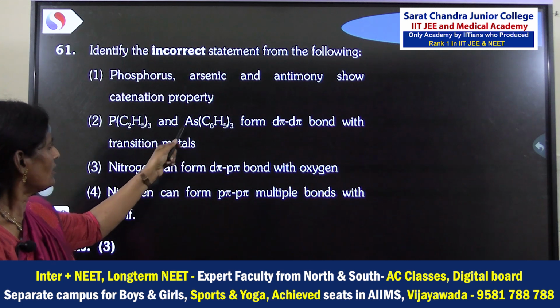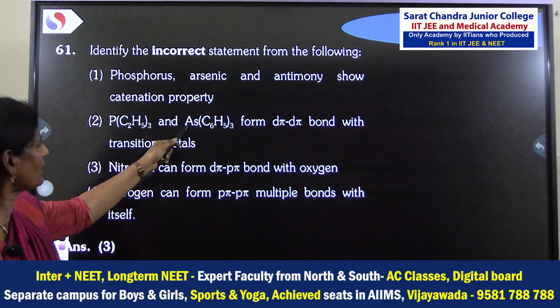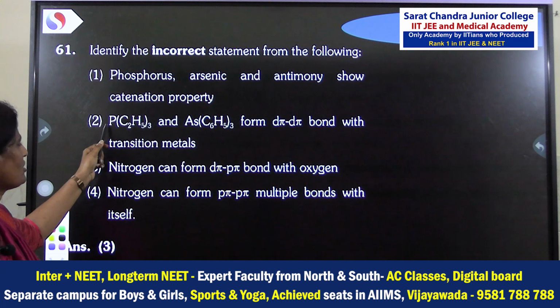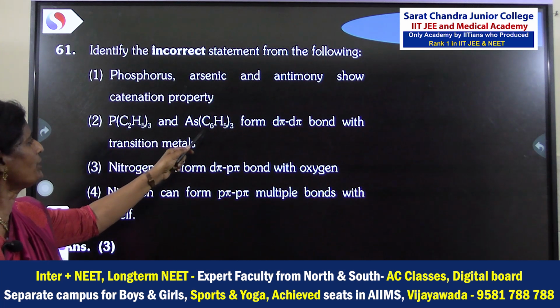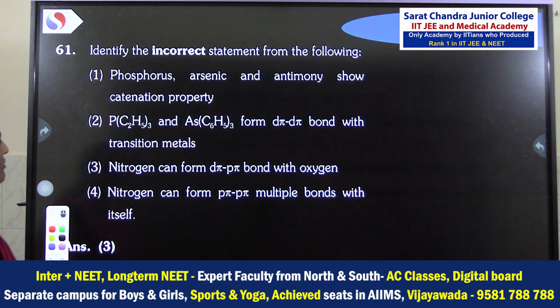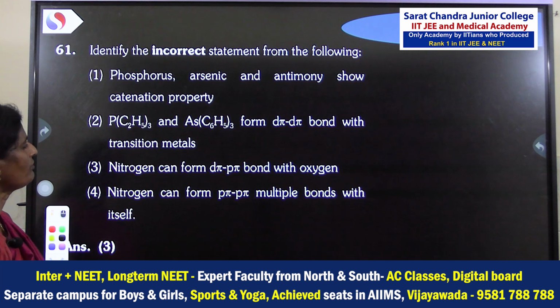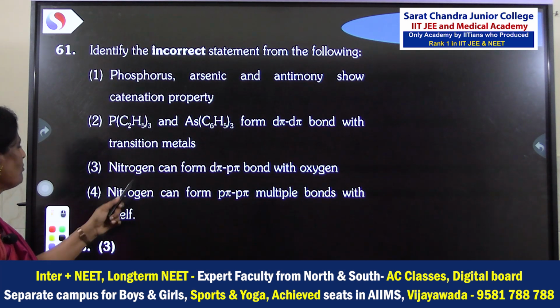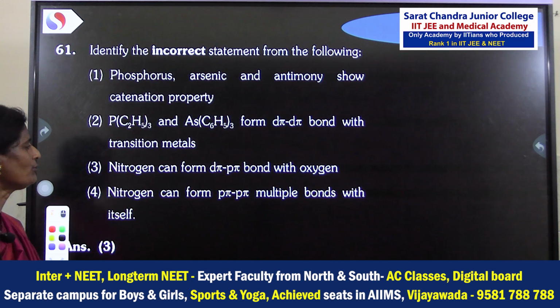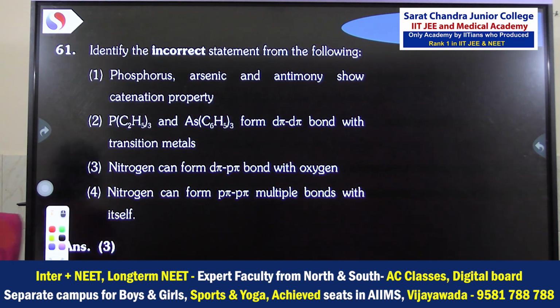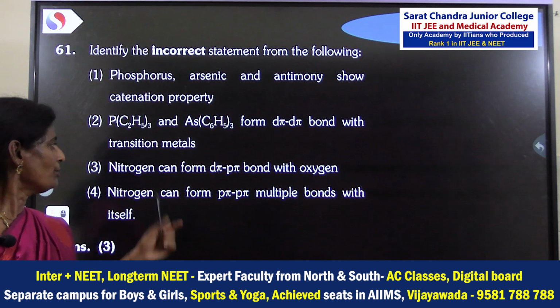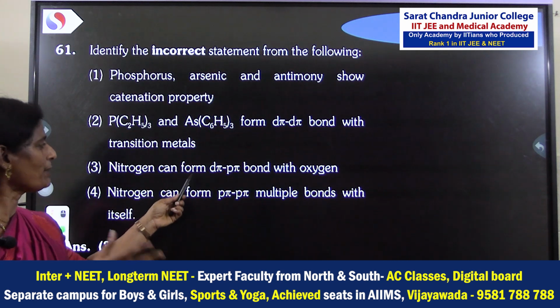These central atoms, arsenic and phosphorus also, are non-metals, and they are able to form d-pi bonds with the transition metals. Nitrogen, as well as oxygen, is not able to form p-pi d-pi bonds.